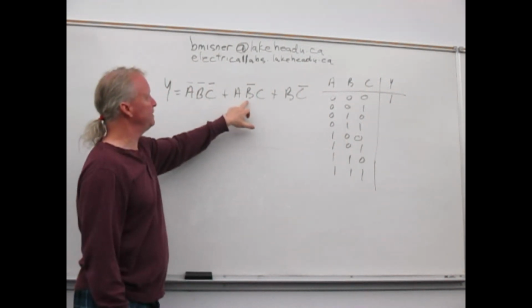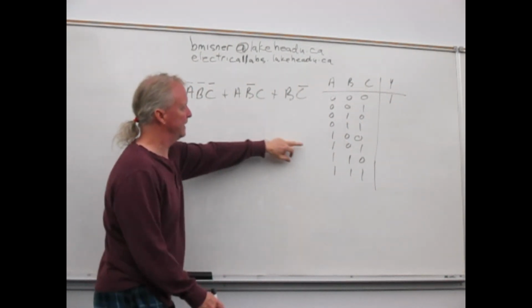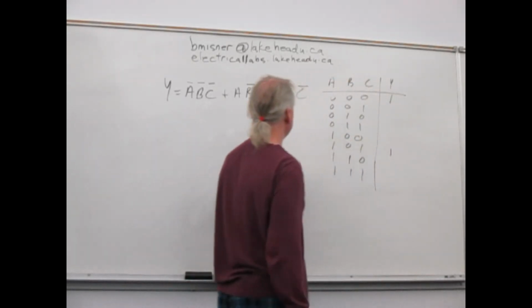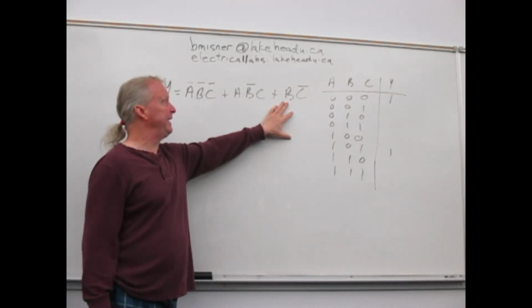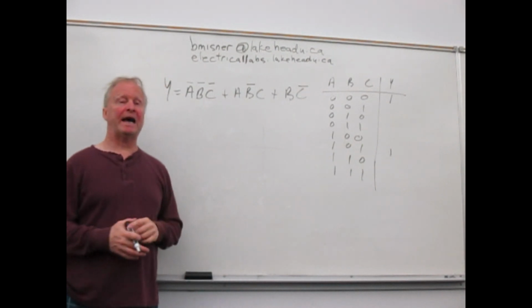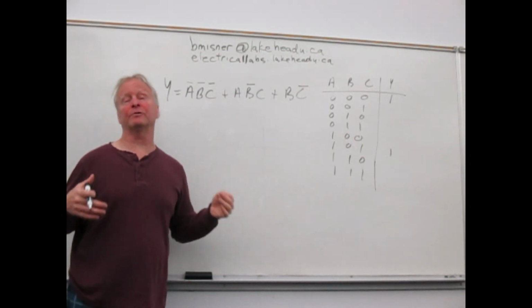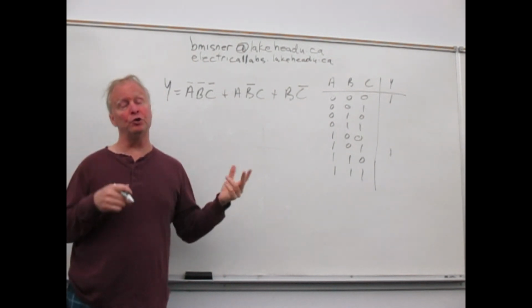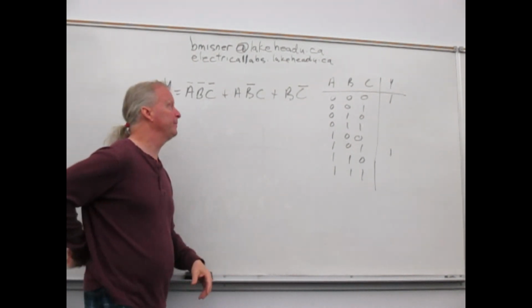This one, if it's 1, 0, 1, that gives me a 1. Now in this case, A could be 1 or 0, it doesn't matter. So you're going to have two 1s coming from this term.